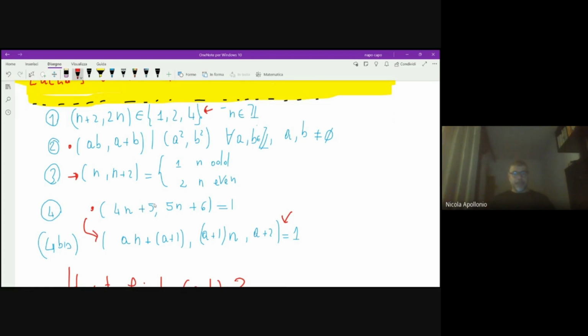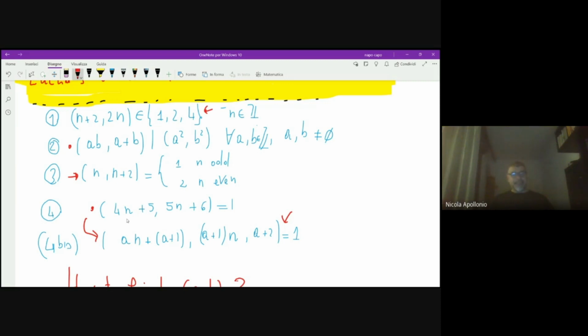So let us start with this, which is the easiest one. We want to prove that for every integer number n, 4n plus 5 and 5n plus 6 are coprime.